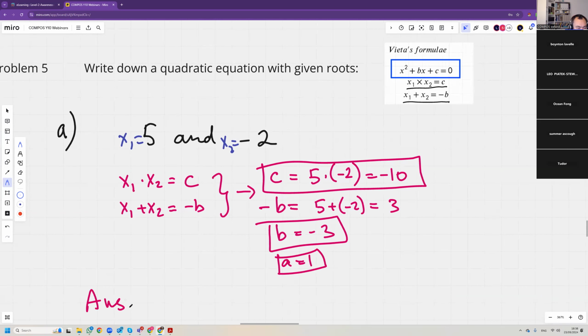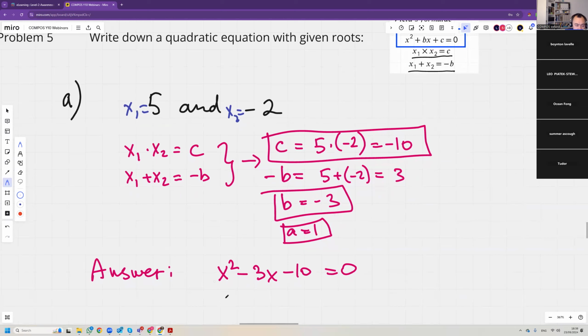And therefore, we can write down the equation. So the answer is going to be x squared minus 3x minus 10 equals 0. So this equation has roots 5 and minus 2. And that's the answer.